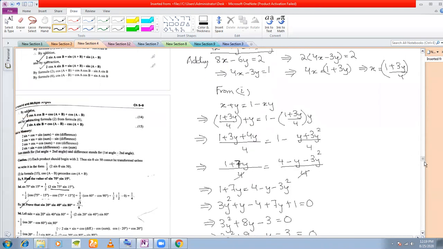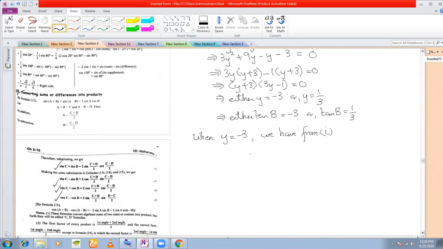What was the equation? x plus y is equal to 1 minus xy. We put the value, we get x minus 3 is equal to 1 plus 3x.